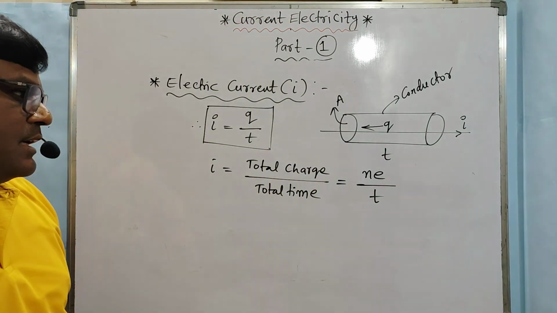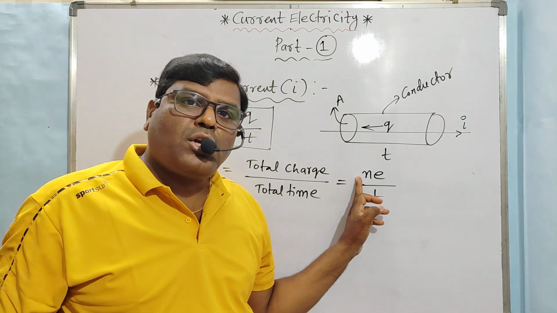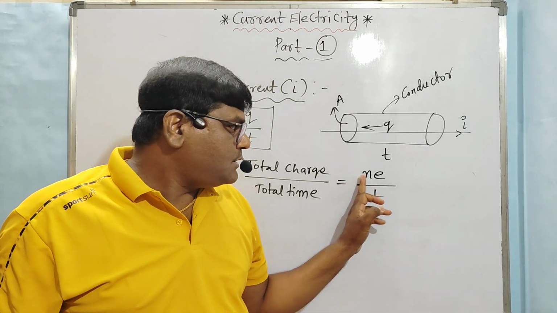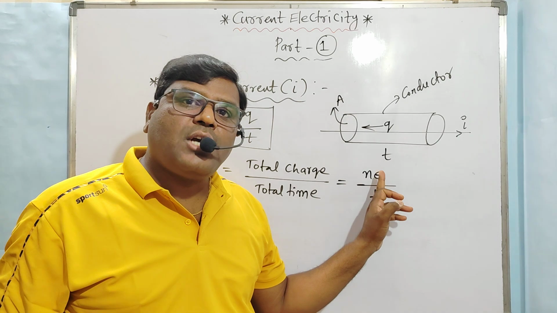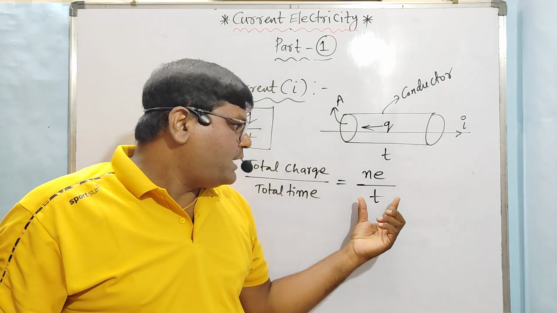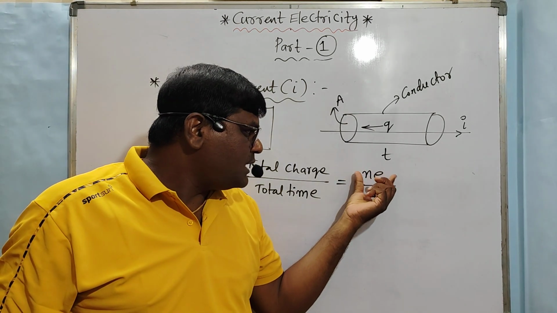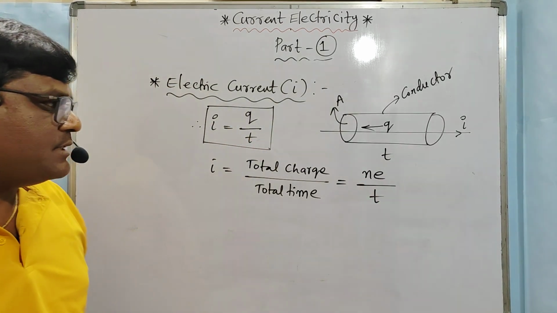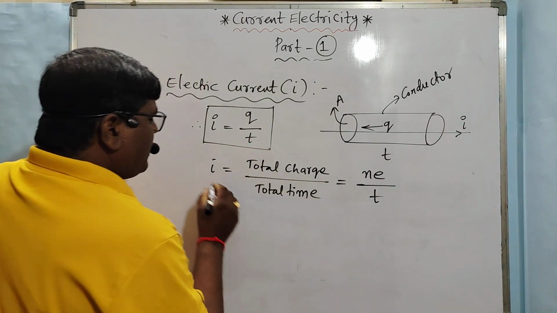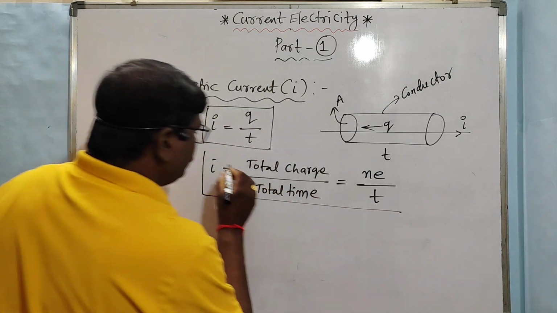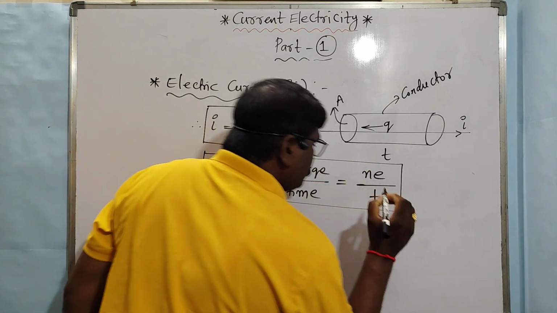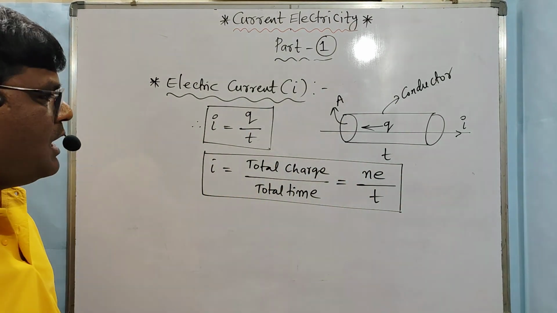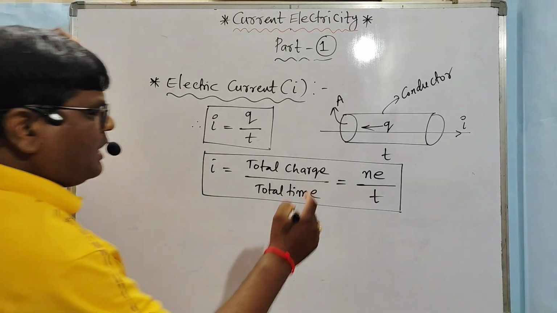Like this also we can say. N is the total number of electrons, e is the charge of one electron. So total charge N into e divided by a time interval of t seconds. This ratio gives how much current is flowing through that conductor. Now here what?